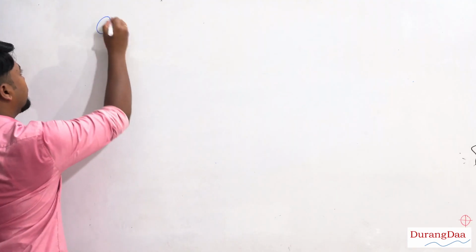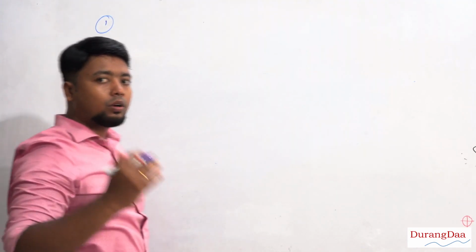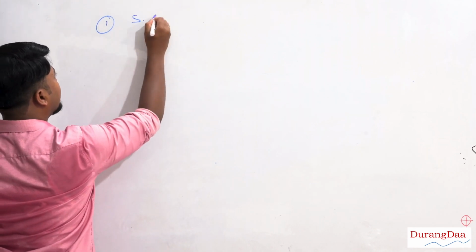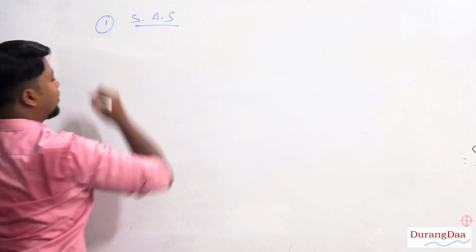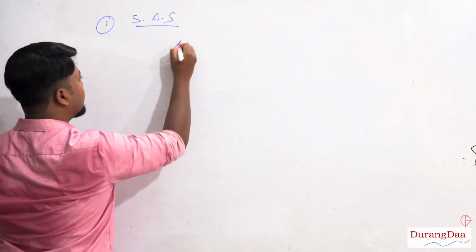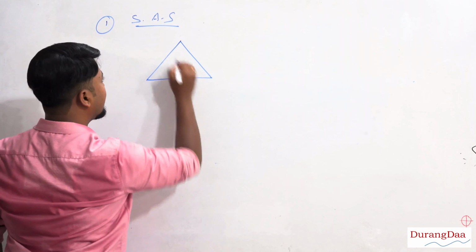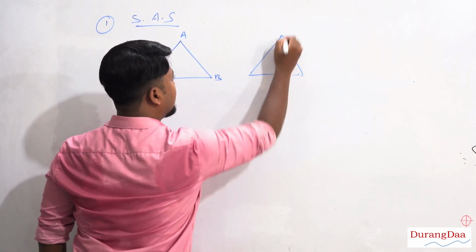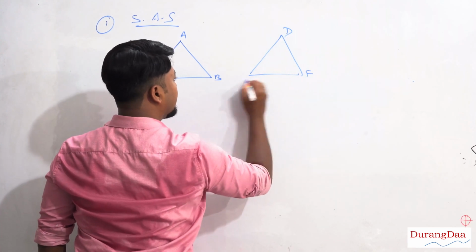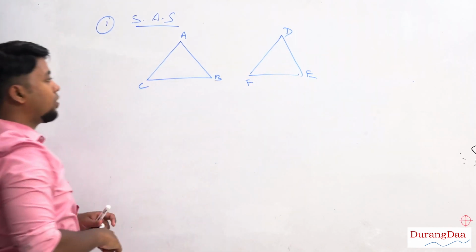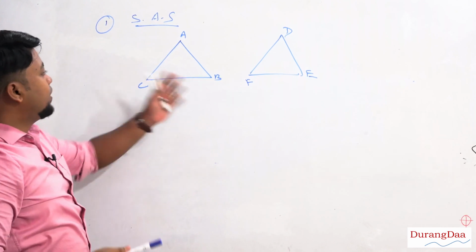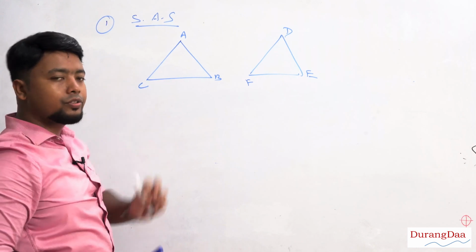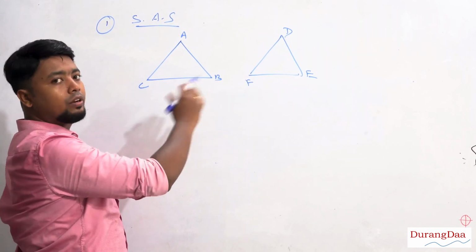The first way by which you can prove two triangles congruent is side angle side, all right. Try to see this example here again, triangle ABC, triangle DEF. Now, in order to prove them congruent by side angle side, the essential points are that two sides should be equal.